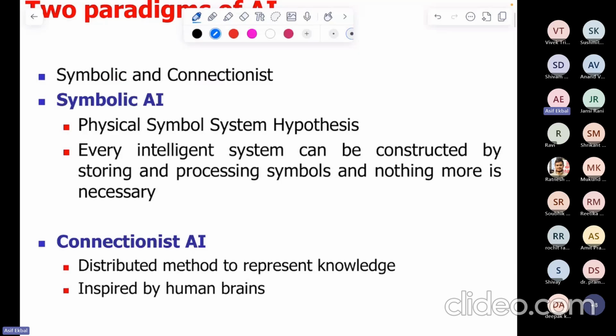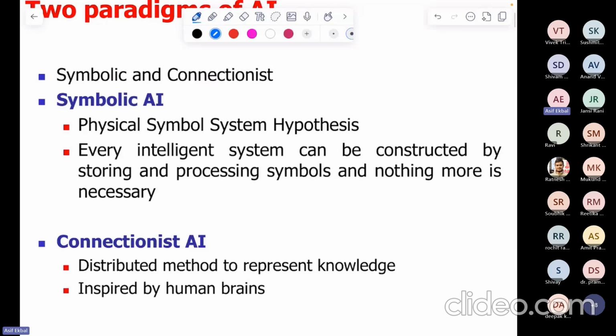But symbolic AI is the very classical way of doing AI research, where everything has to be represented as a symbol, and then there will be relations between these symbols. Finally, you will have an inference engine that helps you do the reasoning process.